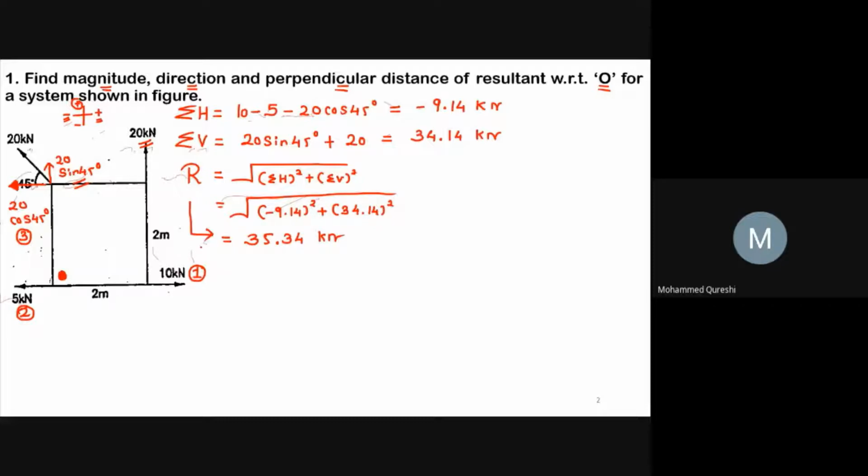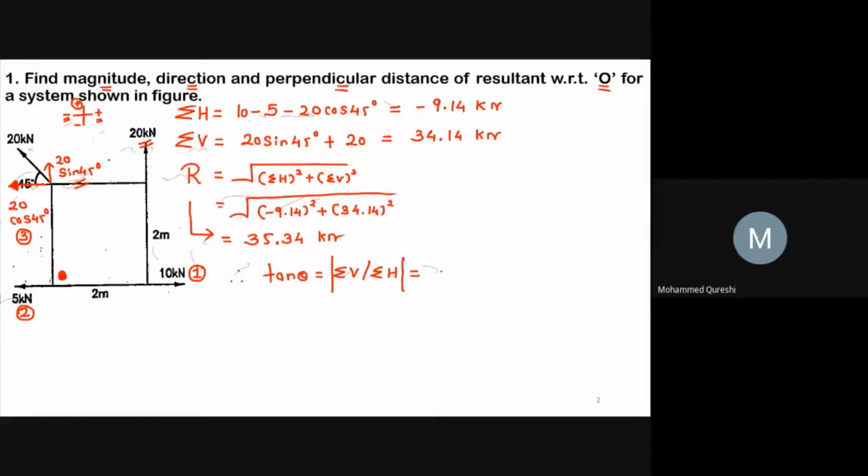Now, as we have found the value of the resultant force, we will find the direction. For direction we know that tan theta equals sigma V by sigma H. The value of sigma V is 34.14 and the value of sigma H is minus 9.14.